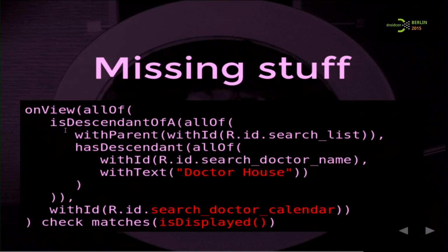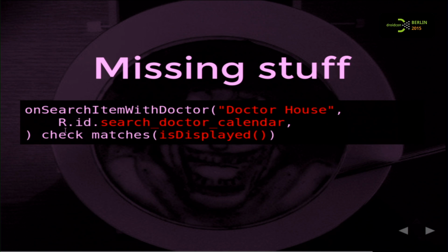It contains some stuff, but in our case, it was not sufficient to write complex tests. So you will end up with code like that. But if you abstract it, you will probably find it easier to read. So with our Dr. House, we check if his calendar is displayed. So abstract, always abstract.